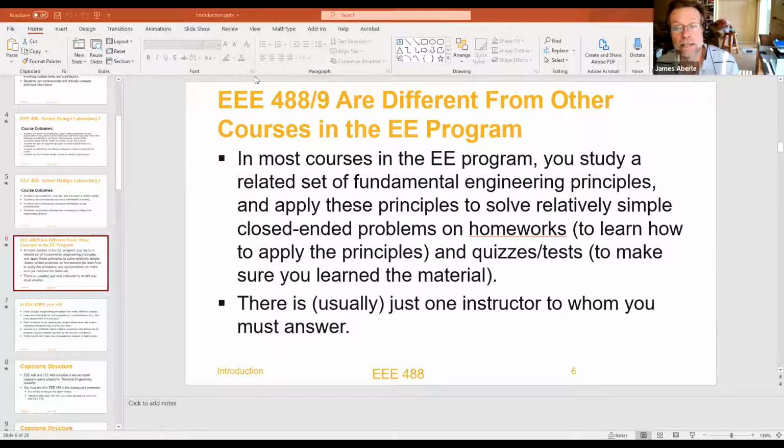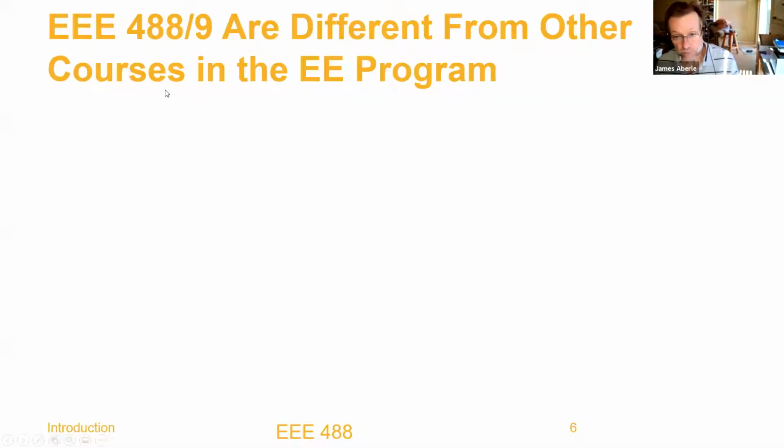So welcome to the Pathways on Senior Design. I know that many of you are probably pretty curious about the senior design sequence. As you hopefully know, they are designated in our program by EEE 488 and EEE 489. And one thing that I want to begin with is just to point out to you that the capstone sequence, I'm going to share my screen here, that EEE 488 and EEE 489 are quite different than most of the other courses that you've taken in the EE program.